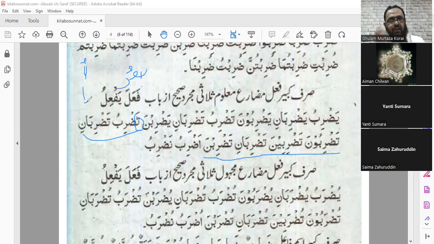So while making Amr Hadir Ma'lum, first of all, we have to drop the Alamatul Muzare, that is Ta. When it is dropped, we have to bring Hamza Wasli at the beginning of the kalima. Now, how to bring haraka on the Hamza? So what is the rule?